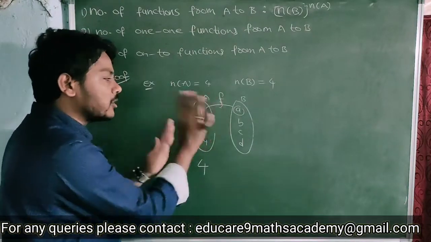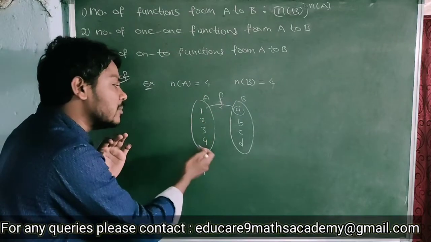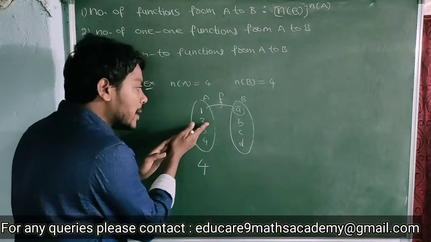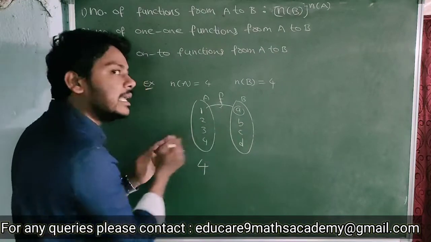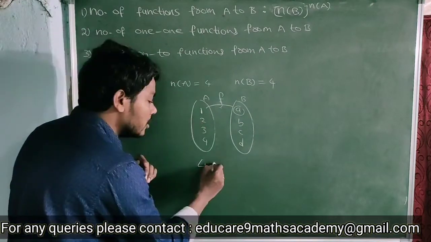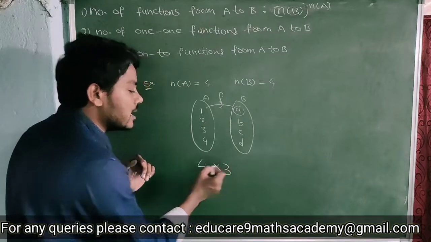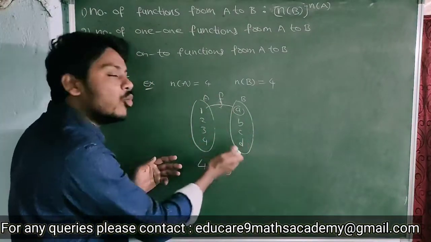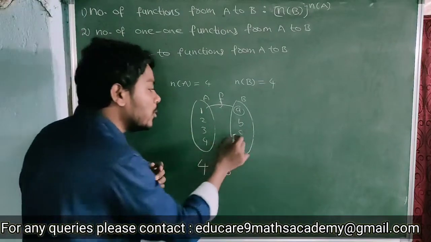Here also 3 elements are left, that are 2, 3, 4. Here 2 is mapped to either B or C or D. So clearly the chances of 2 is 3 chances. So write 3. Next, out of 3, 1 is mapped. For example, C is mapped.